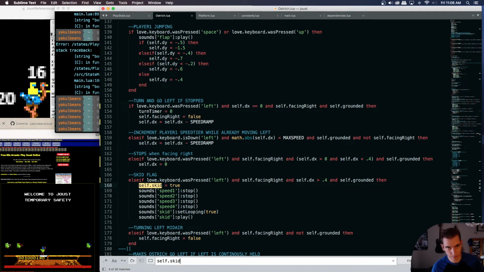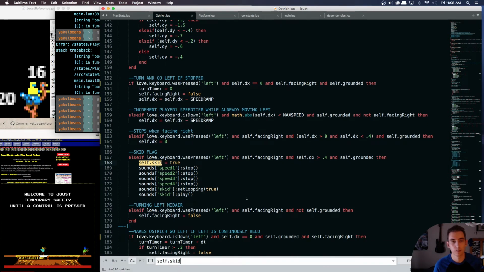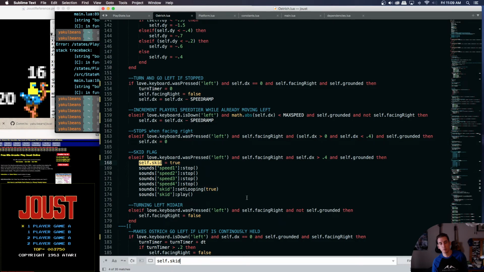Right there. So we're saying if left was pressed and we're facing right and self dx is greater than 4 and self.grounded, skid gets true.